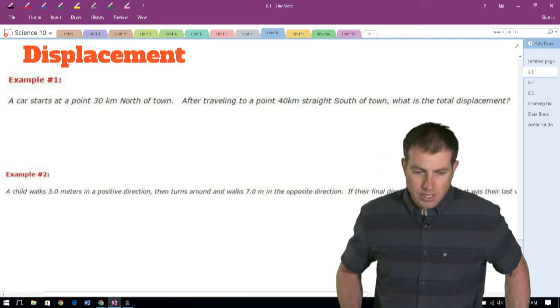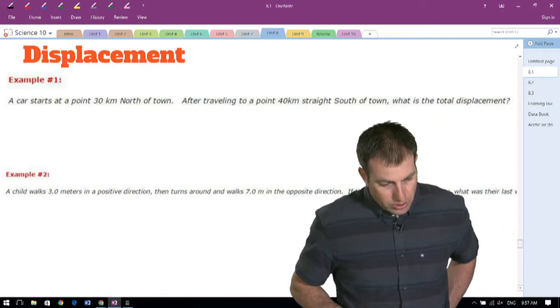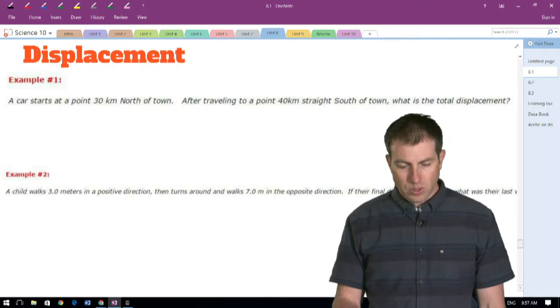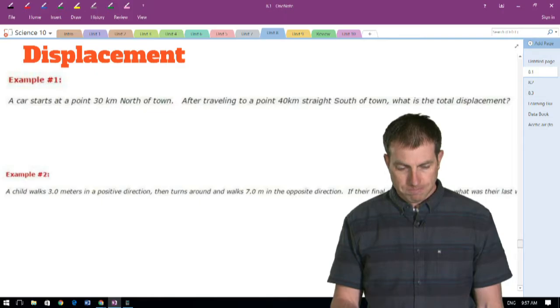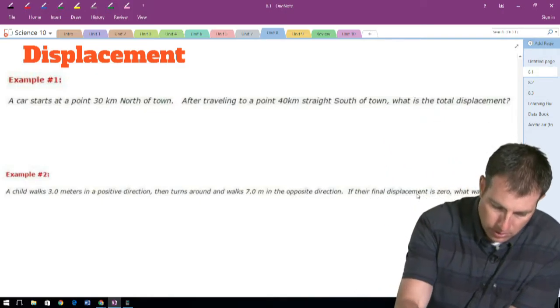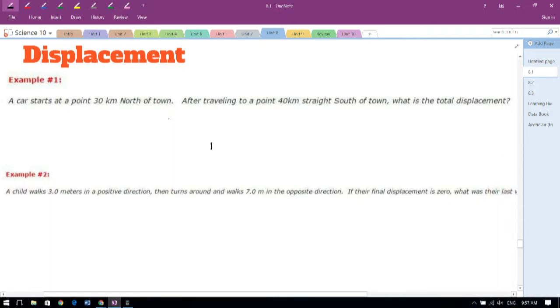All right. Distance displacement again. A car starts at a point 30 kilometers north of town. Draw a picture. After traveling to a point 40 kilometers straight south of town, what is their total displacement? This is a town. It's a beautiful picture of a town. The car starts 30 kilometers north.